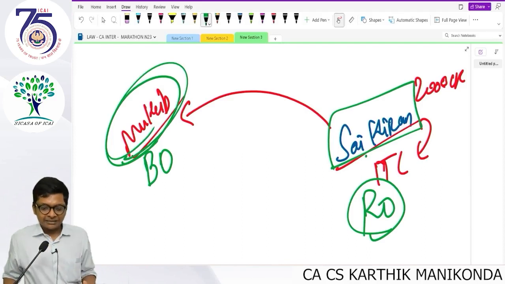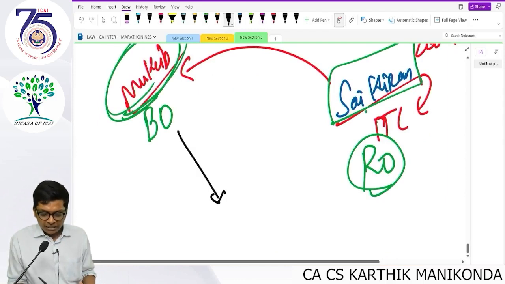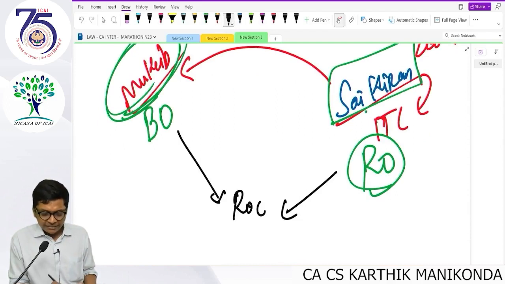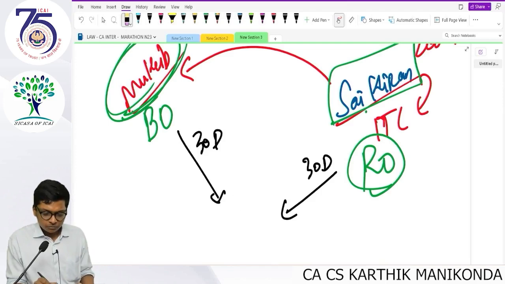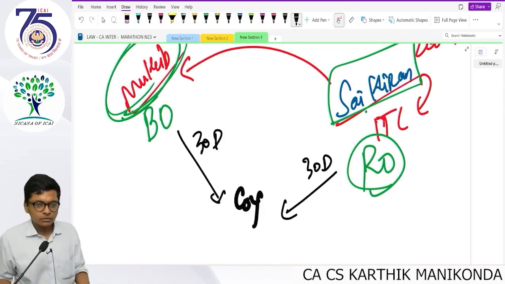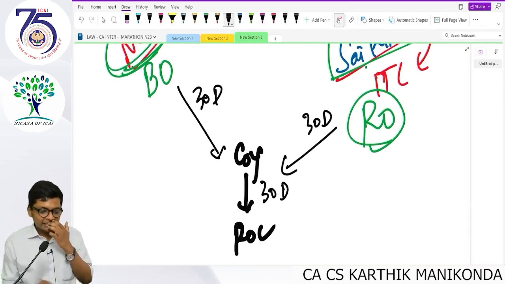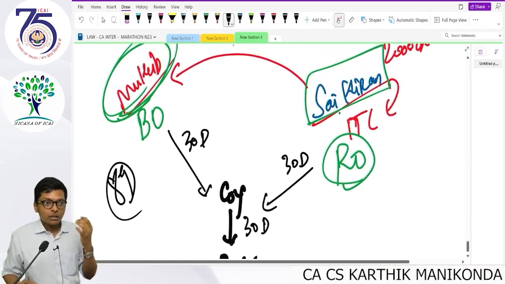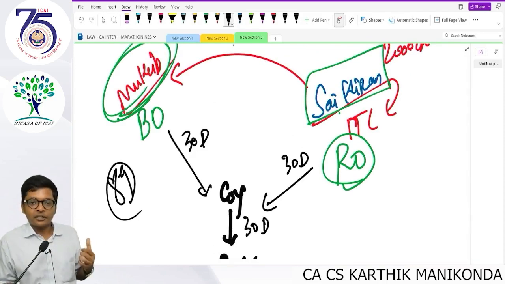What this section says is that both the beneficial owner and the registered owner should intimate the company, and the company will intimate the ROC, within a time limit. That's it, section 89 over. So following, guys, what is 89? The registered owner is different and the beneficial owner is different.